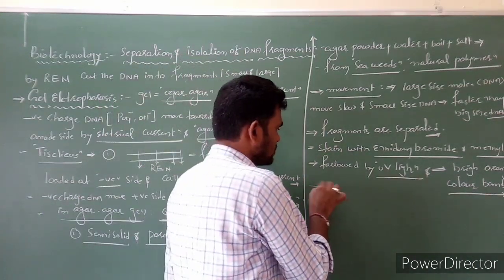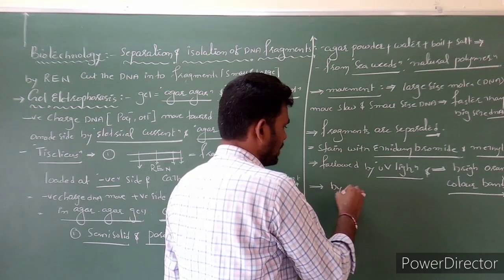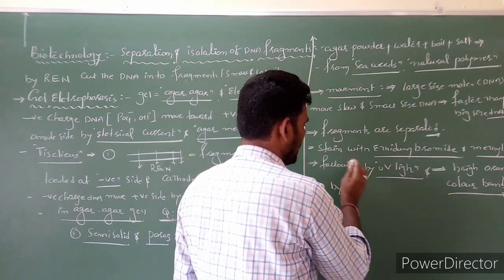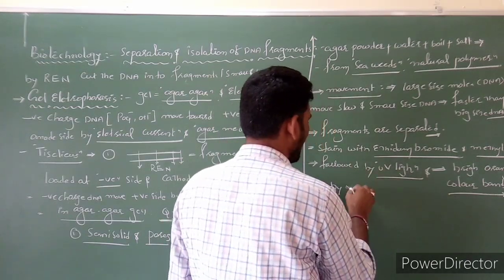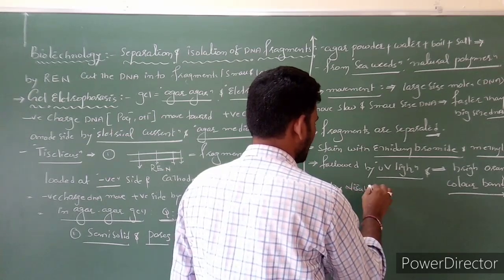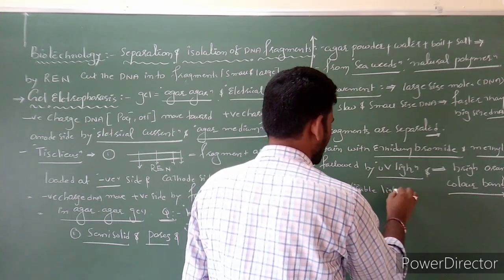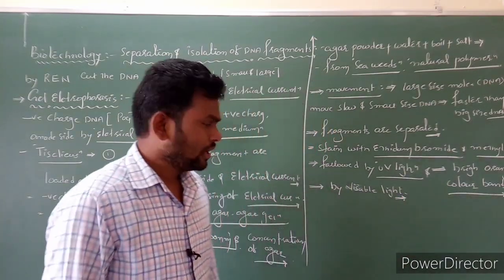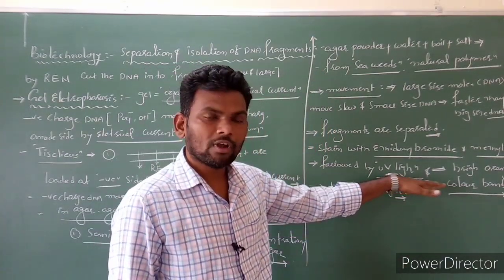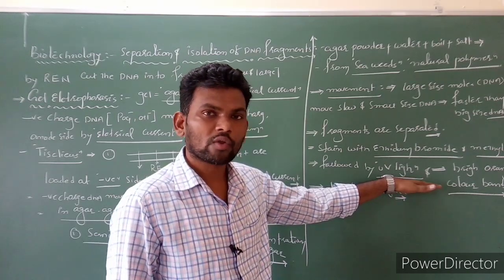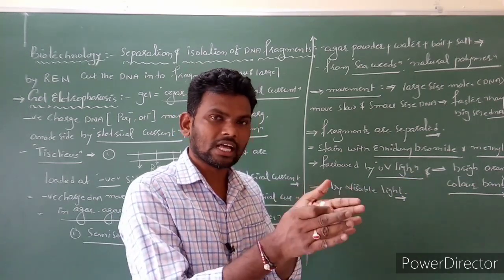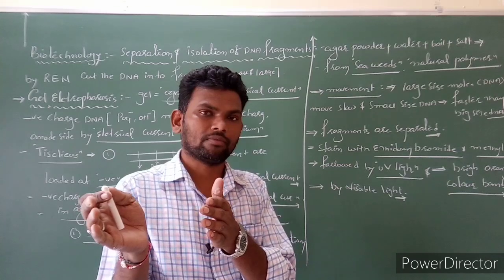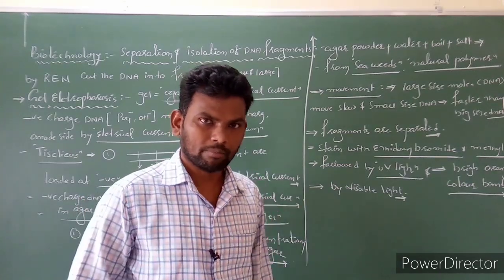So these bands we can't notice by using visible light. Okay. Now the bands are clearly visible on agarose medium. Now what we have to do? We are going to cut the agarose medium and separate the fragments from the agarose bed.